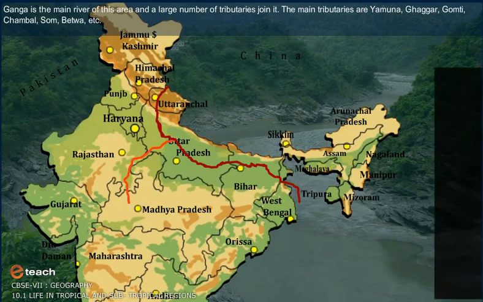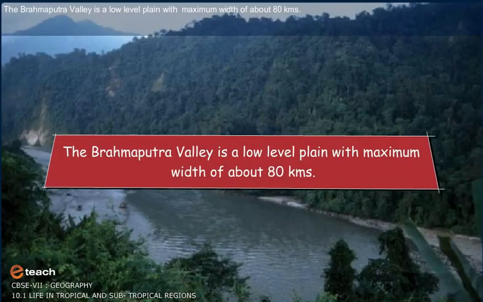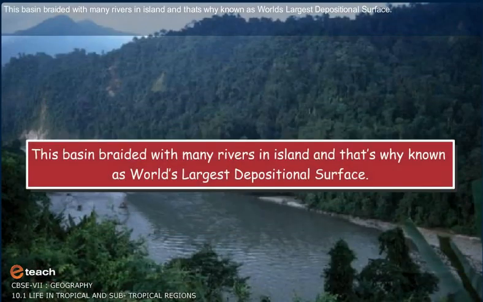The main tributaries are Yamuna, Ghagra, Gomti, Chambal, Son, Betwa, etc. The Brahmaputra Valley is a low-level plain with a maximum width of about 80 kilometers. This basin is braided with many rivers and islands, and that's why it is known as the world's largest depositional surface.